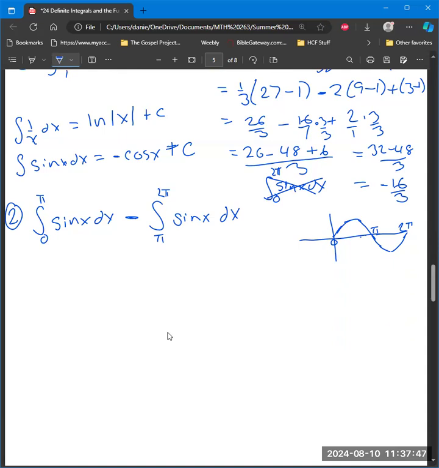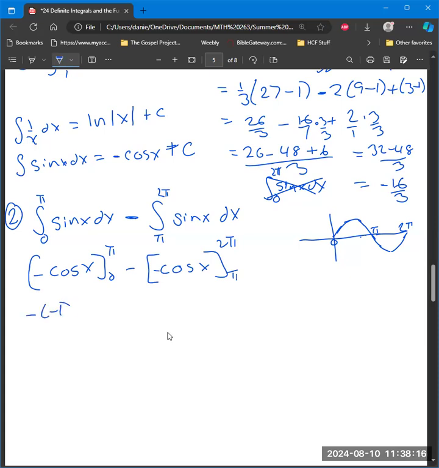that I see there. So the antiderivative of sine is negative cosine from 0 to pi minus, and then this is also going to be a negative cosine from pi to 2 pi. So cosine of pi is -1.